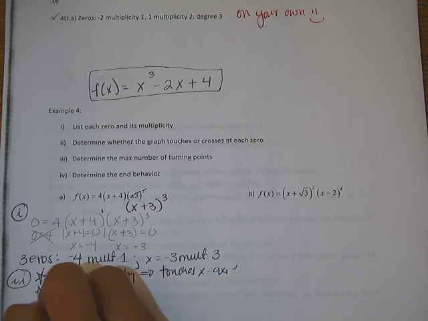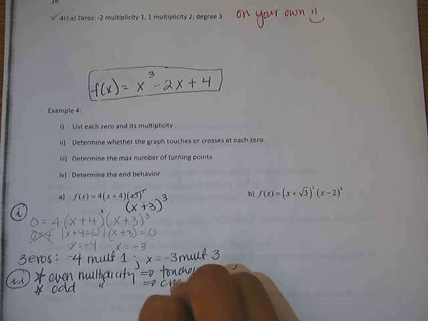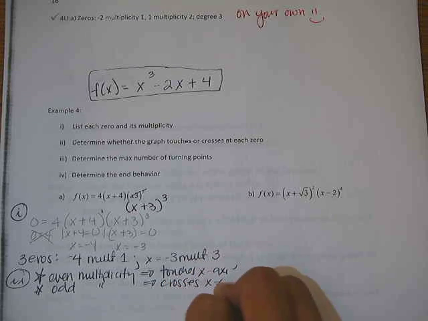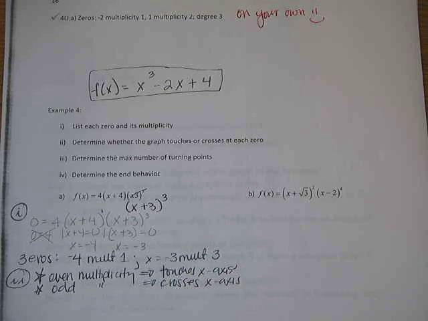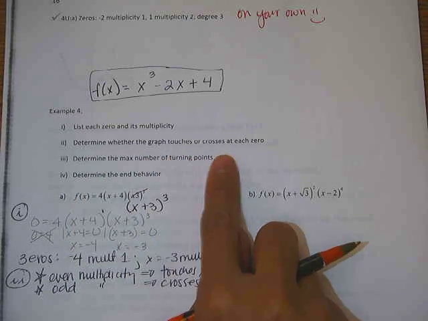And then odd multiplicity, that means we are going to cross. So crosses the x-axis. Okay. So this is just from your definition or vocabulary. So let's look at the first one.